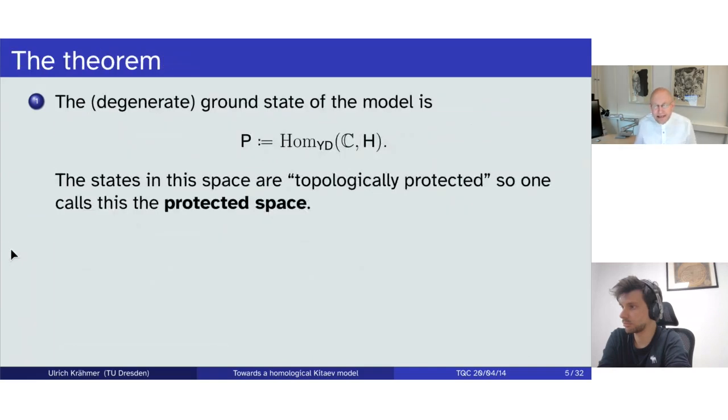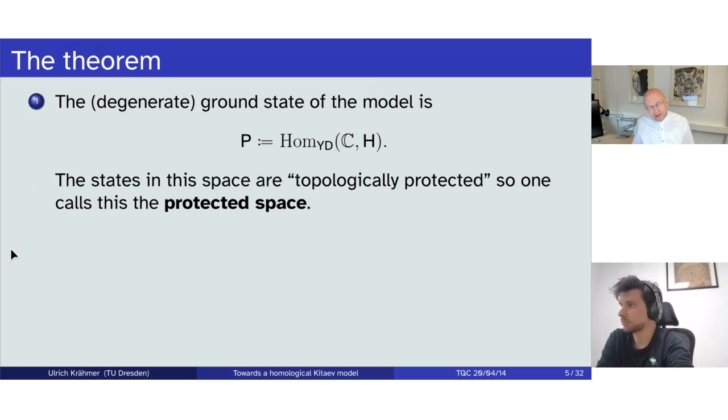And what Kitaev then did is he said, well, if you then take the invariant subspace of H, in other words, the Yetter-Drinfeld module morphisms from the trivial Yetter-Drinfeld module C to H, I will expand on that later, you get a vector space P, which will be called the protected space.